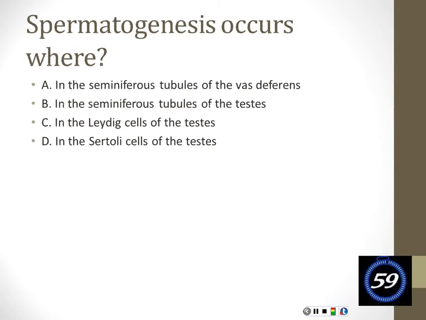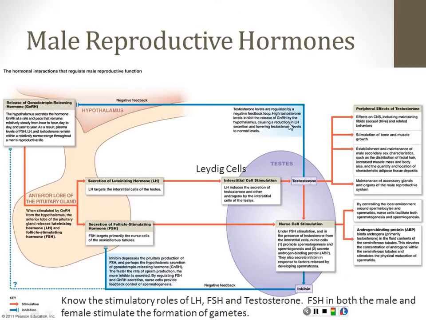Now, even though we have all of these inhibitions and stimulations here, their roles are not as important because, as far as we know, this system just kind of maintains a steady state of sperm production.